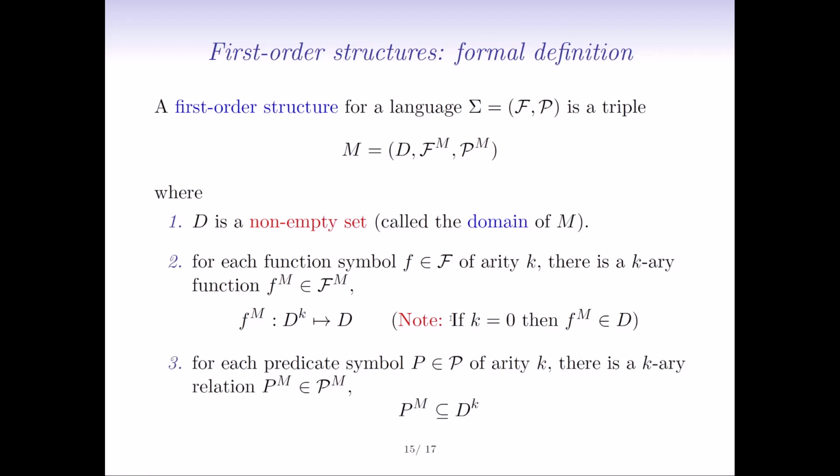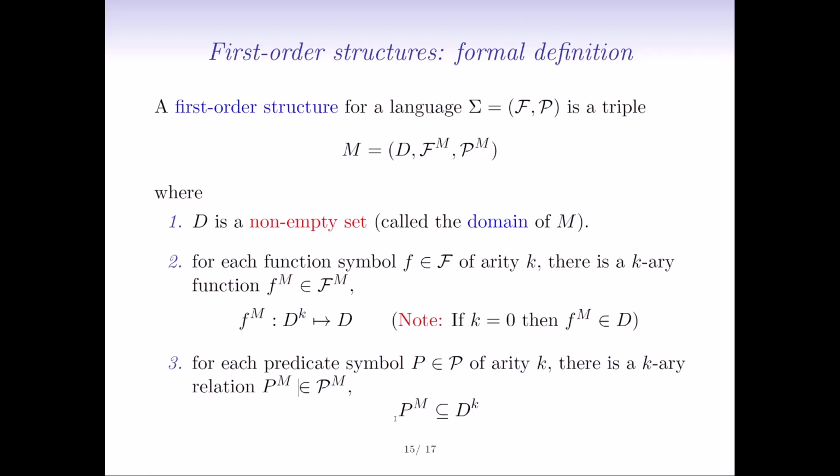Finally, for every predicate symbol P in curly P, and supposing that that predicate symbol has arity k, it must get interpreted, P_M, as a k-ary relation.